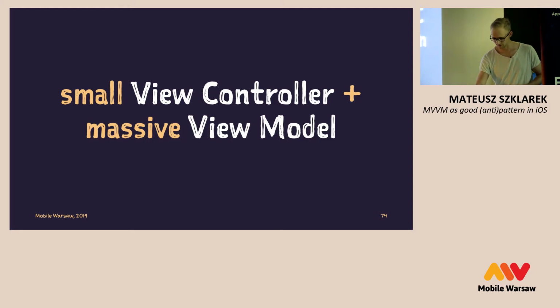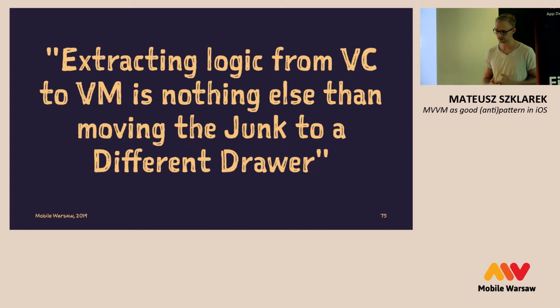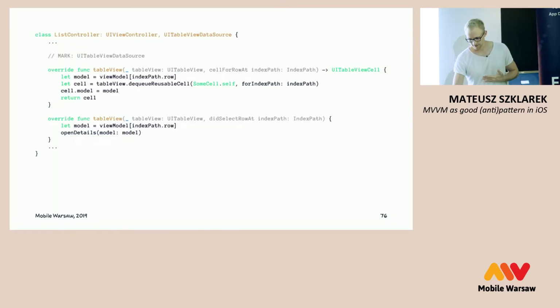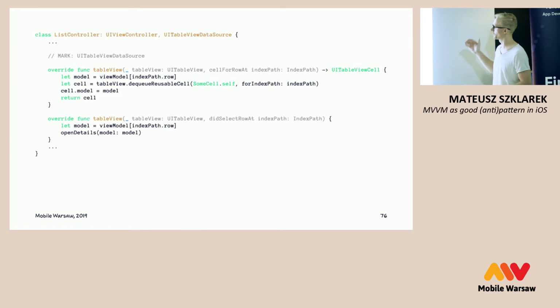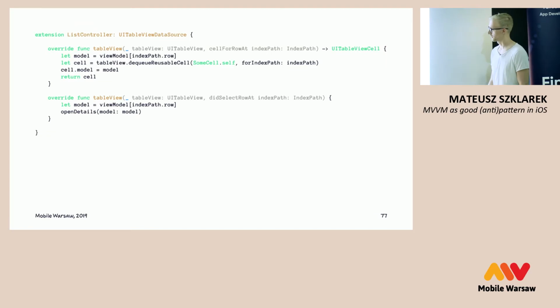This quote perfectly sums it up: you clean up one place and make a mess in a different one. Or it's like extracting code from your view controller, which is implementing the UITableViewDataSource protocol, to an extension. It's just hiding the problem, not fixing anything.